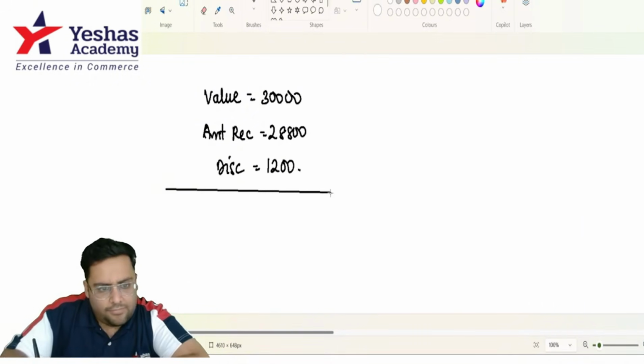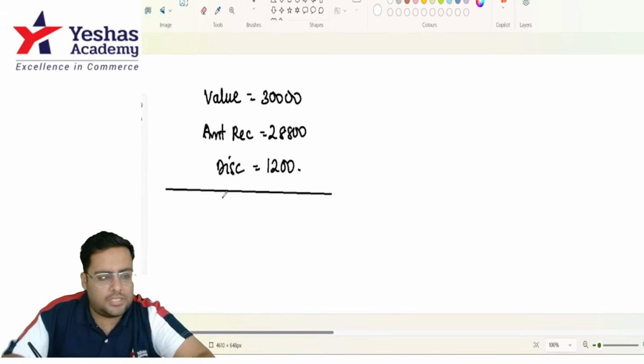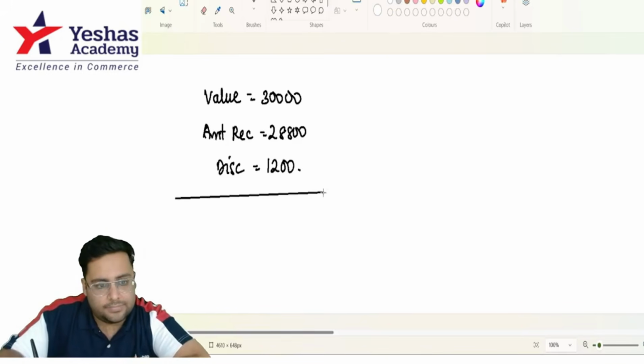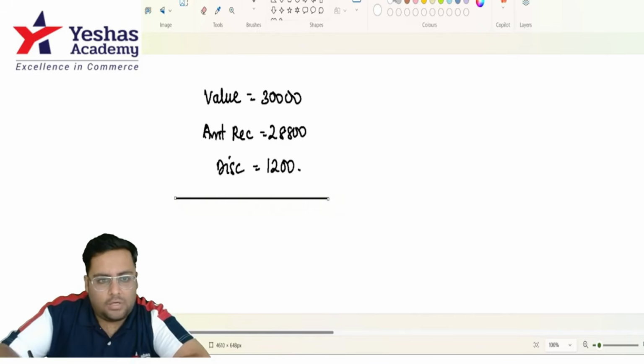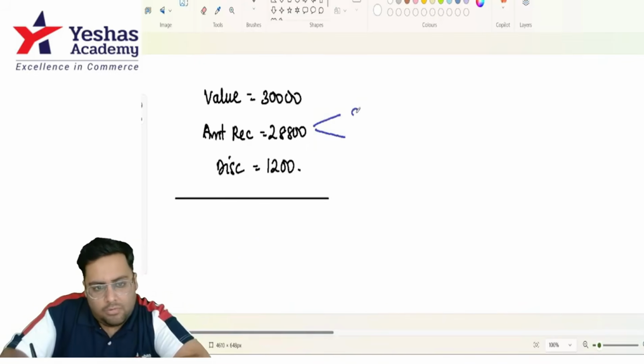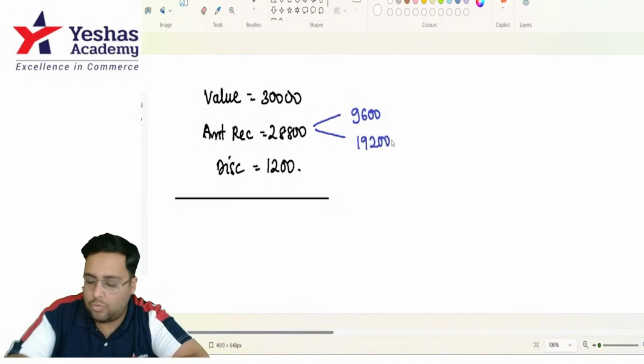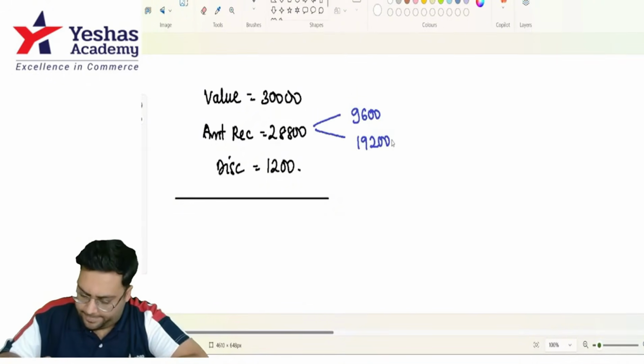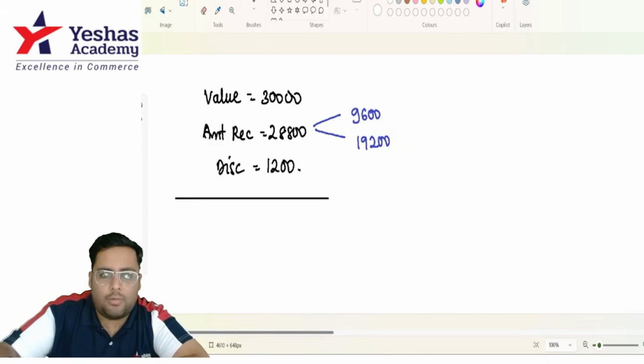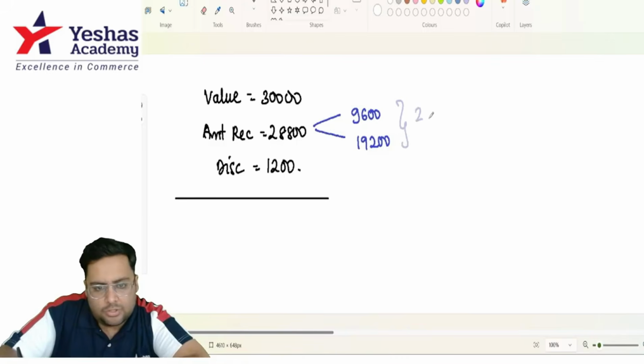The question itself told you the amount shared between the two parties. It was shared in which ratio? The amount received was shared as 9,600 and 19,200, which we get as ratio 2:1. So your discount also will be shared in the ratio of 2:1, 800 and 400.